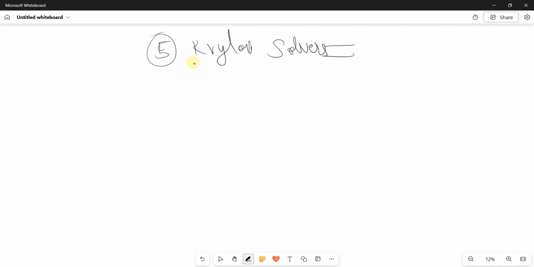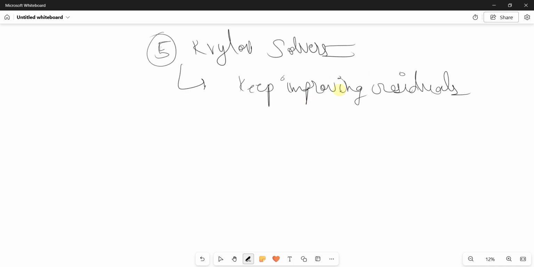They don't solve for any variable as such. What they do is they keep improving residuals. By improving residuals, I don't mean increasing them, you decrease the residuals.